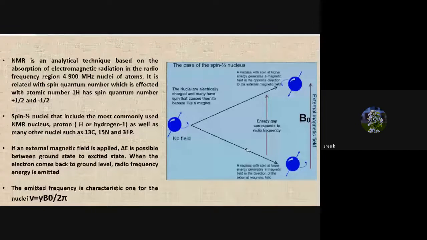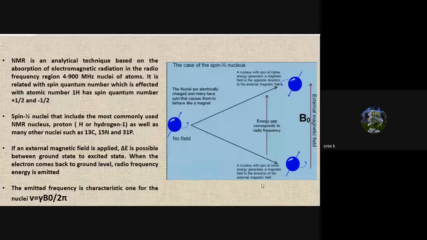Usually the nucleus with spin at a lower energy generates a magnetic field in the direction of the external magnetic field. So you have a solution containing this particular proton, and you apply a magnetic field. When the spin opposes the direction of the external magnetic field, it goes to a higher energy level, and when a large amount of such protons move to a higher energy level, immediately it comes back to the relaxation stage.